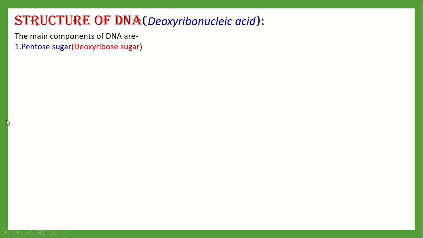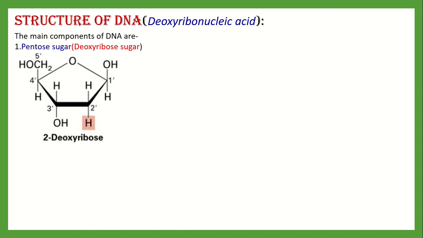Nucleic acid like DNA contains deoxyribose sugar. In the deoxyribose sugar, an oxygen atom is lacking at the carbon number 2 position of the pentose sugar.